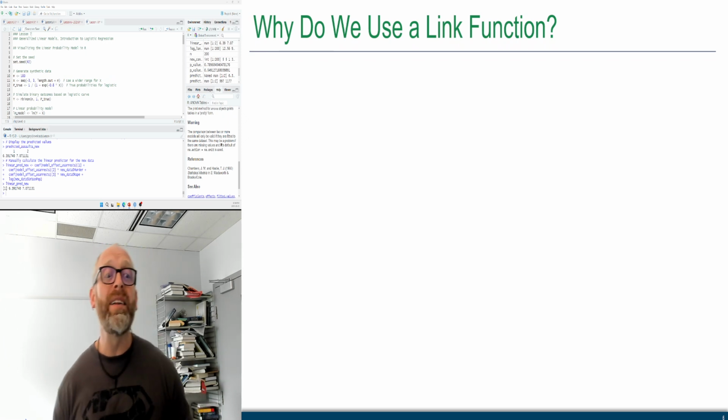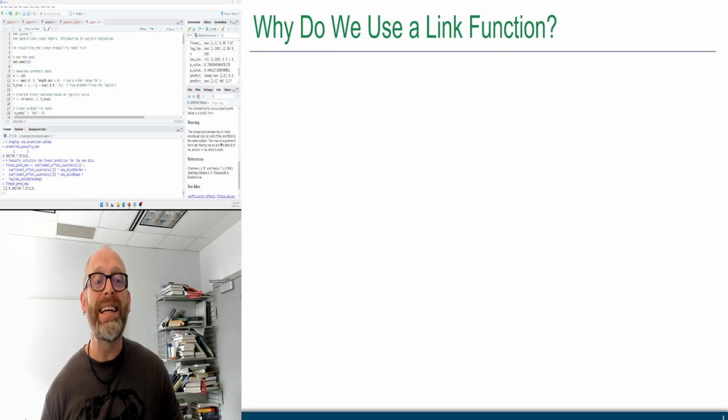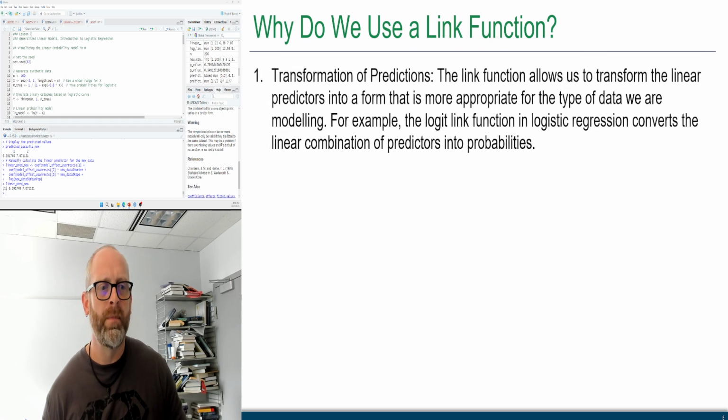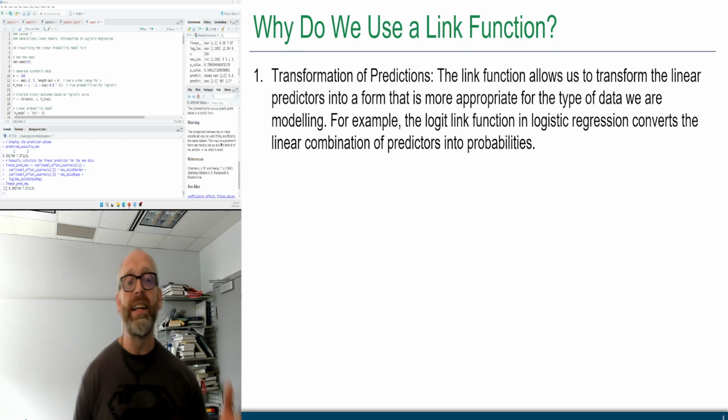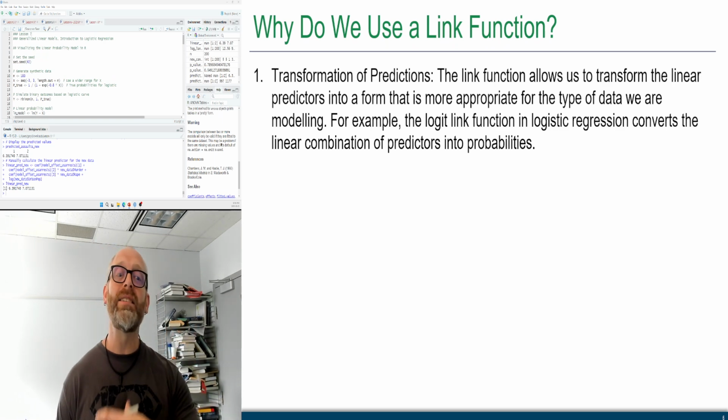So all this talk about link functions, why do we use a link function? Well, first and foremost, it's to transform the predictors. The link function allows us to transform the linear predictors into a form that is more appropriate for the type of data we are modeling. If I'm just leaving eta as is, this works for traditional linear regression because the data are normally distributed and it lines up perfectly.